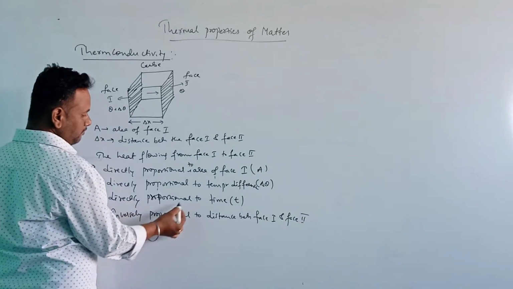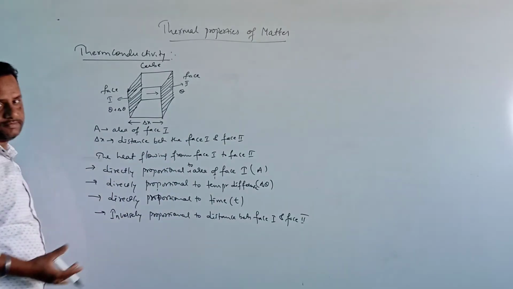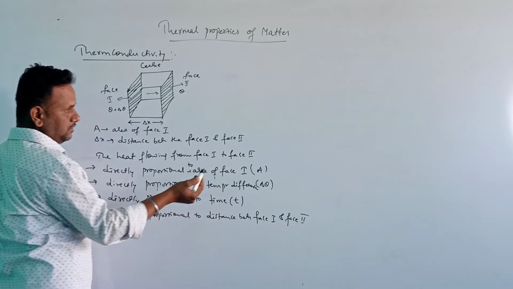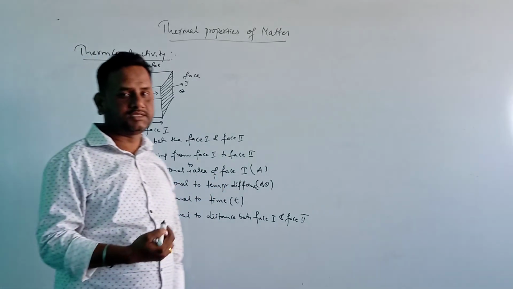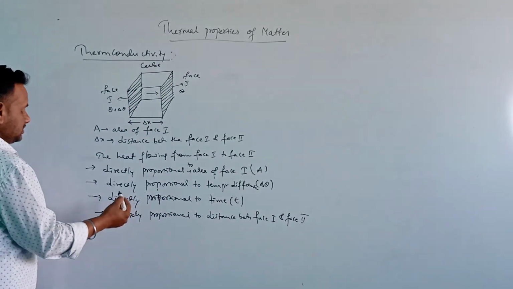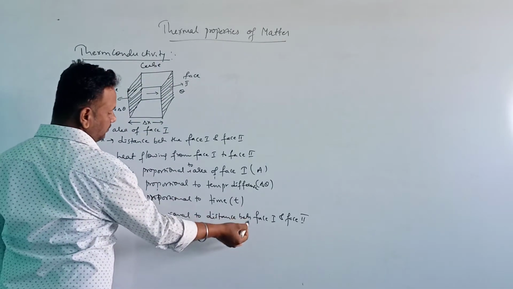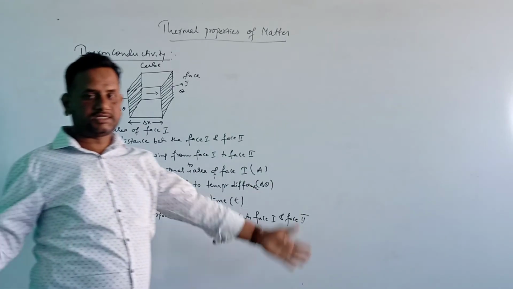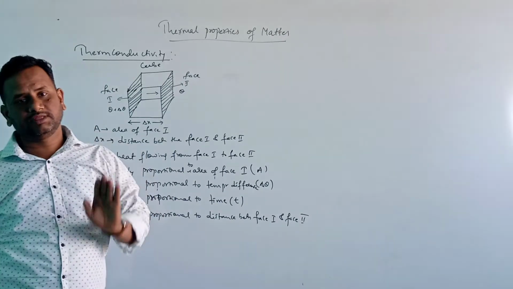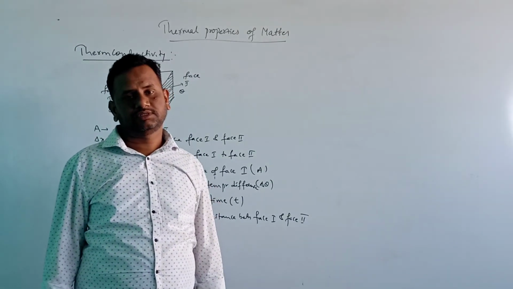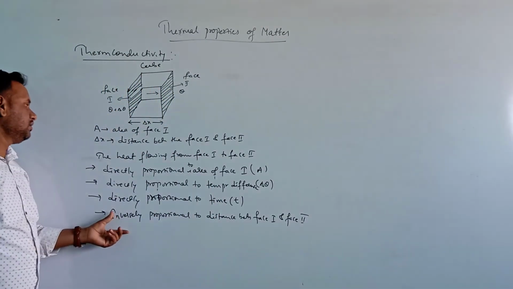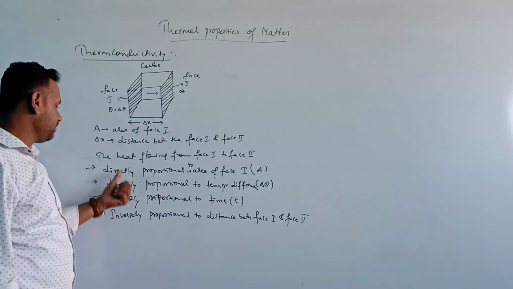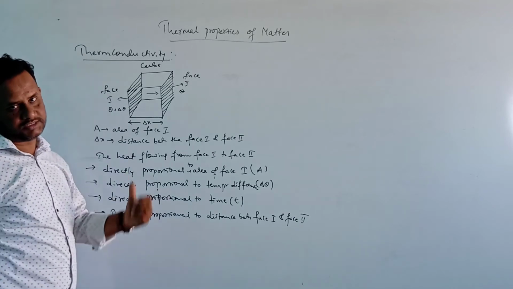It is also directly proportional to the time elapsed, in how much time the heat is flowing. And it is inversely proportional to the distance between phase 1 and phase 2. Greater the distance, lesser will be the heat flow. So the heat flowing from phase 1 to phase 2 depends on all these four factors.